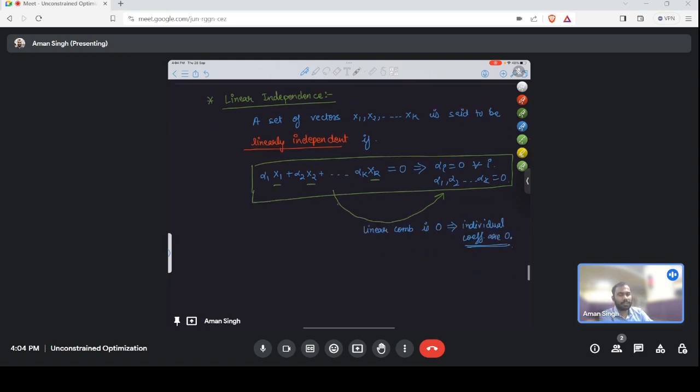So why is this important? Let's say if alpha 1 x1 plus alpha 2 x2 plus up to alpha k xk equals 0 for some non-zero alpha i's, then the vectors are called linearly dependent.